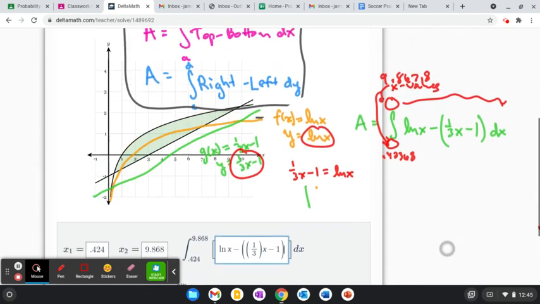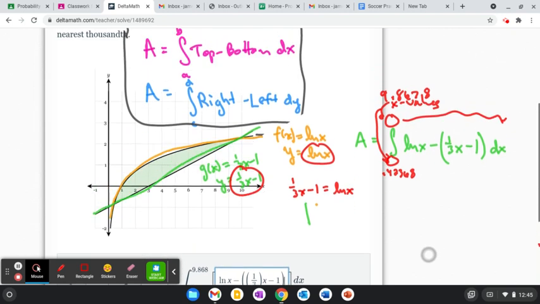Let's go ahead and do y's now. In order to do this with y's, we have to write our functions in terms of y. So I'm going to take my two functions. I had y equals ln x, and I'm going to solve for x, because I need to rewrite this. It's kind of like finding the inverse.